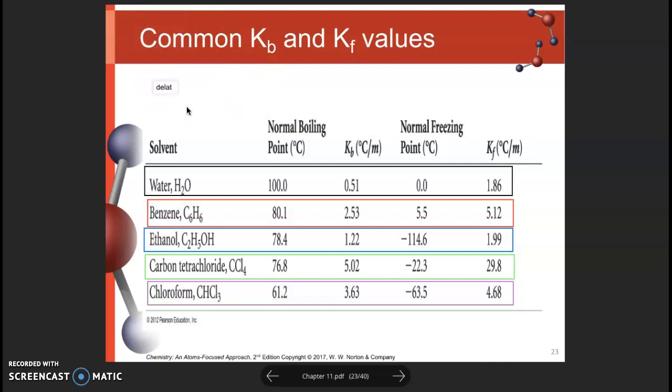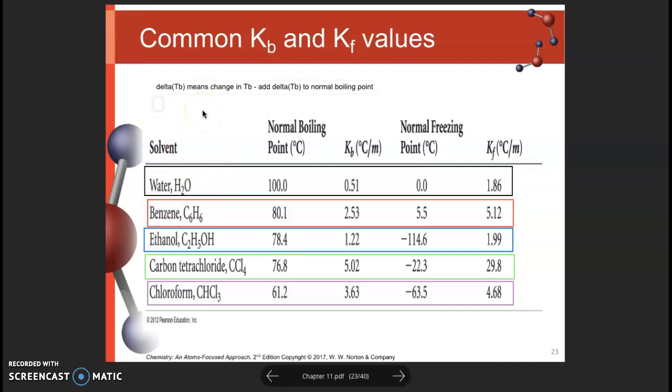Now, the other thing that we need to touch on here is that our delta Tb means change in boiling point. So since this is a boiling point elevation, we will add delta Tb to the normal boiling point to find out what the new boiling point will actually be.